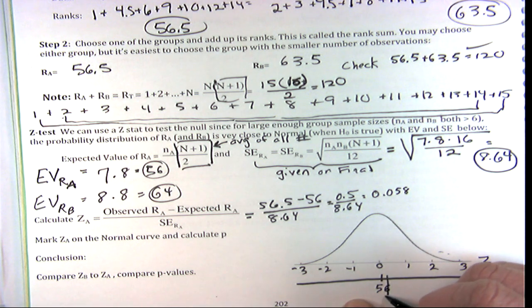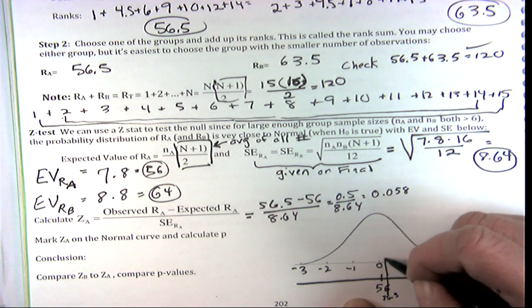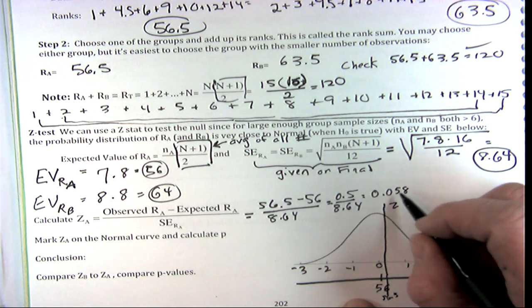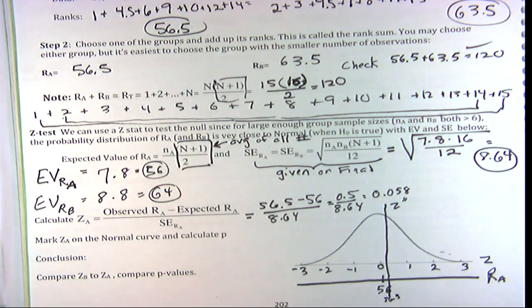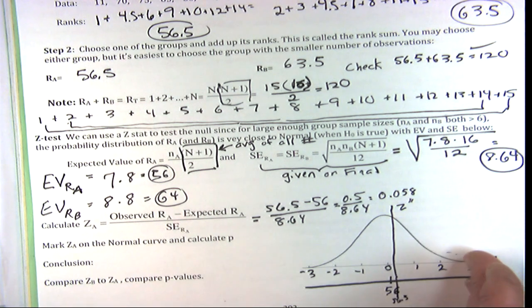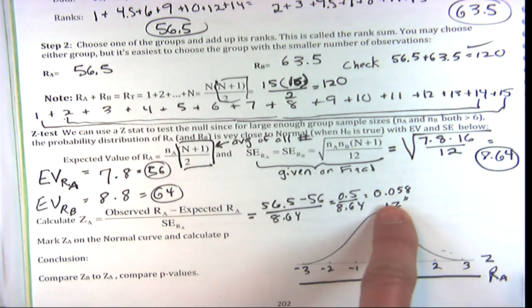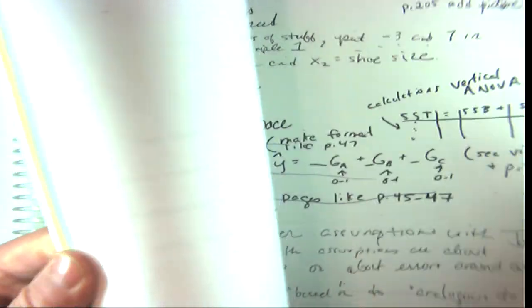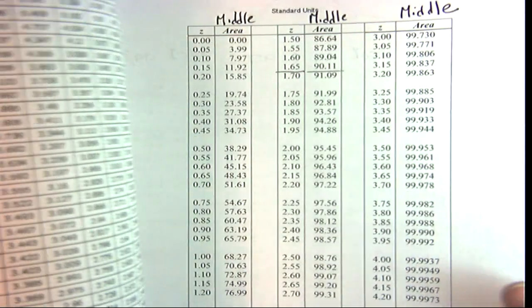This is where 56.5 is. It's very, very close to the middle. And that's where it is as a z-score. All right, so we just want to get the probability. First of all, we have to look up that tiny little z-score and see what the middle area is.